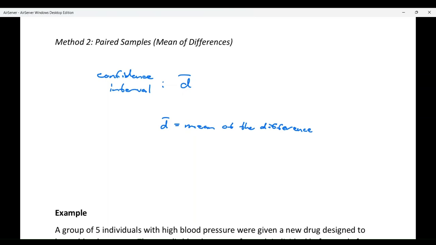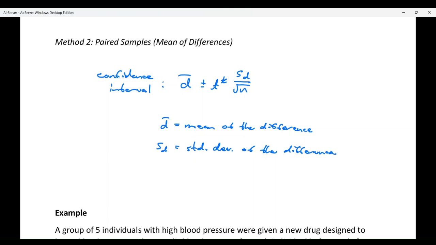Hopefully that makes sense, that subtle difference there. Plus or minus t star times the standard deviation for the differences divided by the square root of n. Okay, and so again, S sub d is the standard deviation, I'll abbreviate that, but standard deviation of the differences.